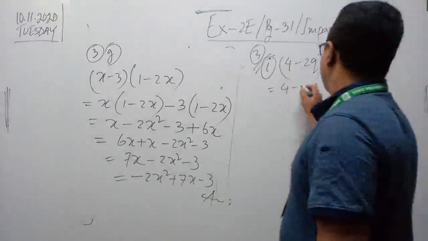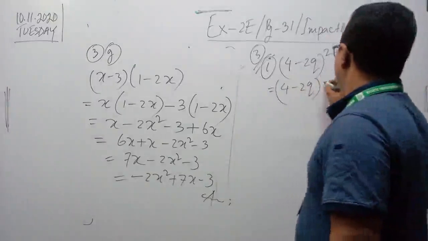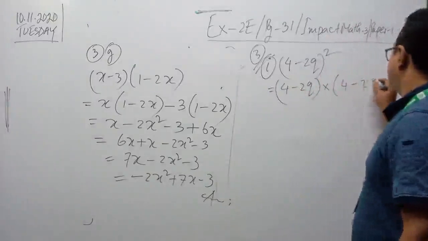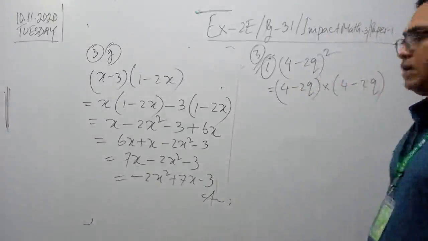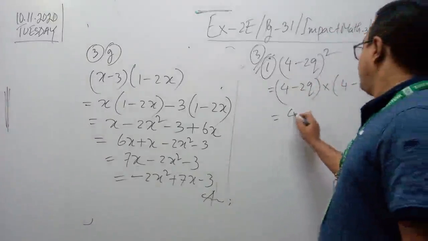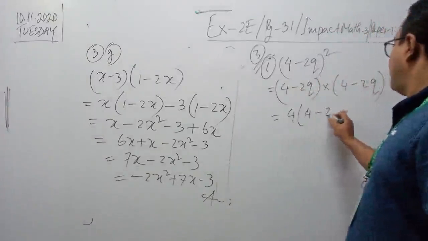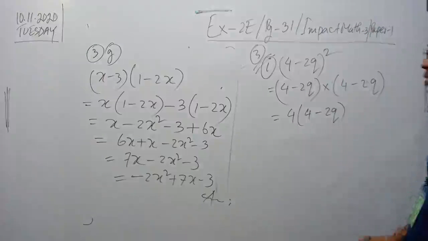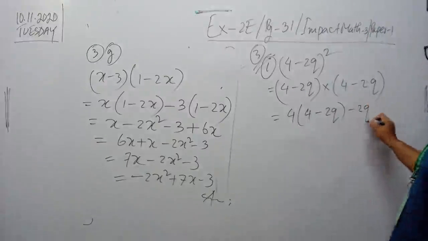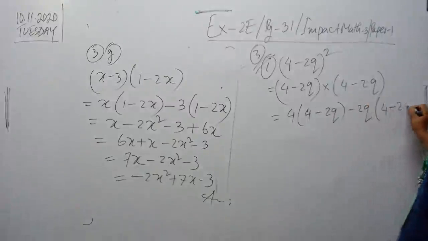Now same thing, 4 minus 2q into 4 minus 2q. 4 into 4 minus 2q, minus 2q into 4 minus 2q.